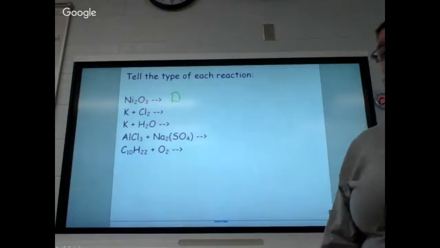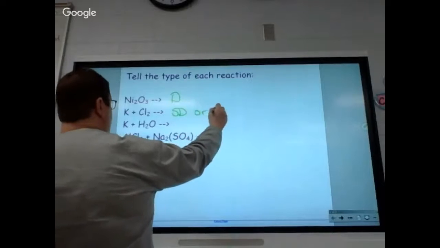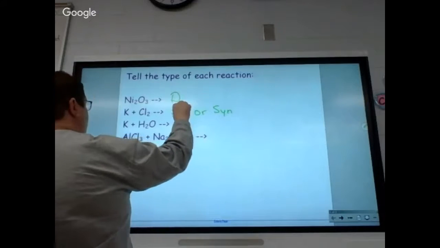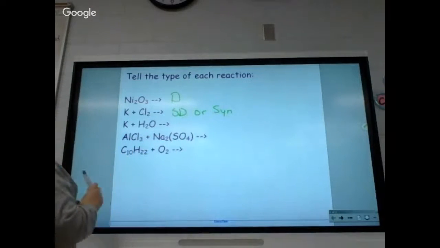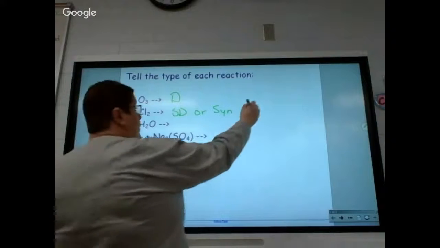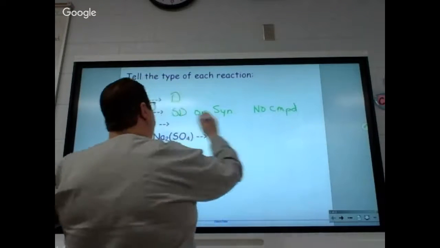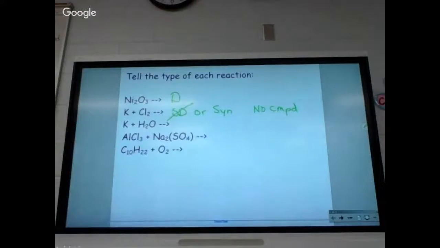Okay, how do you decide whether this is single displacement or synthesis? Which one do you think it could be? Okay, why synthesis and not single displacement? Okay, there's no compound here. So that's how you decide it's not single displacement.